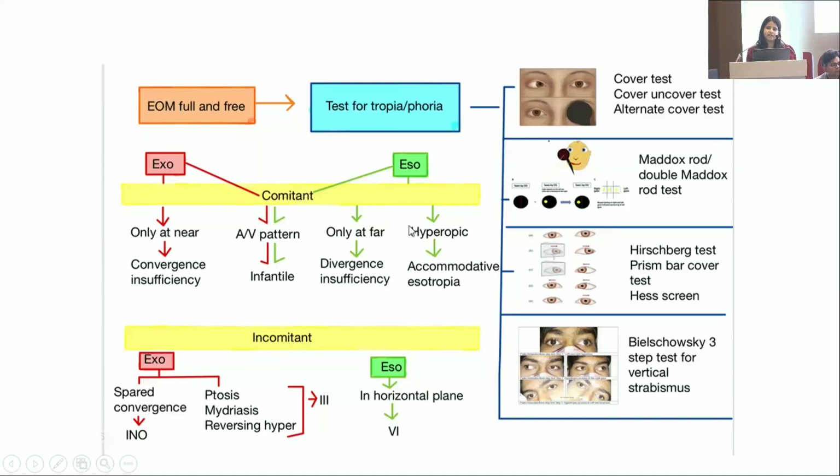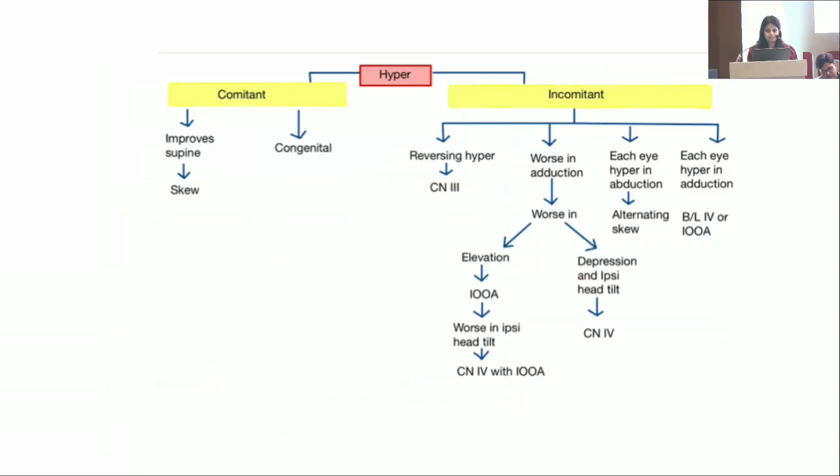Hyperopic esotropia is seen in accommodative esotropia. Whereas if the deviation is not equal in all the 9 positions of gaze, then it is incomitant and it signifies nerve palsy. Exotropia: same. If the convergence is spared, then it is internuclear ophthalmoplegia. But if it is associated with ptosis, mydriasis and reversing hypertropia, then it indicates third nerve palsy. For esotropia in the horizontal plane, it indicates sixth nerve palsy.